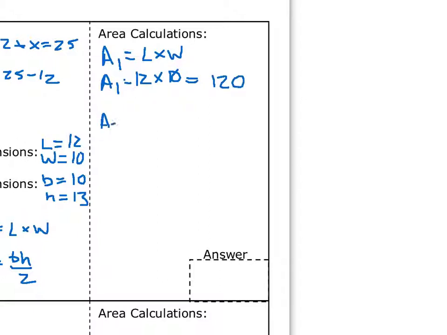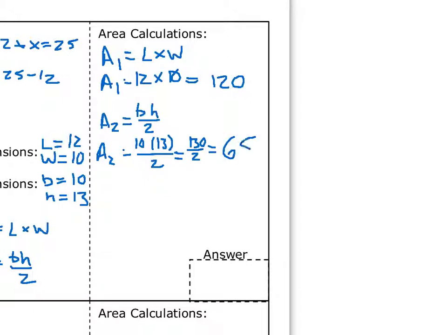I also need to find the area for shape 2, which we said was base times height divided by 2. Our base was 10. Our height was 13. So that's 130 divided by 2, which gives us an area of 65.